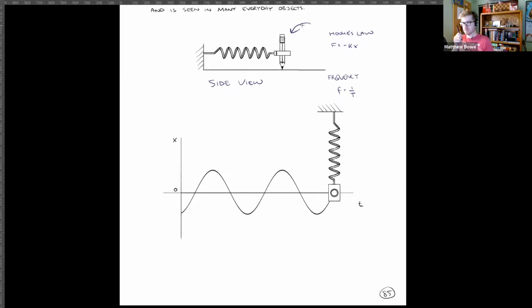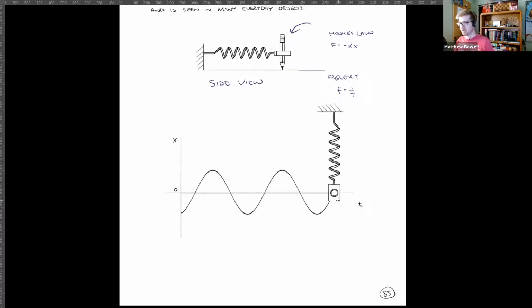It's going to oscillate back and forth. Let's say it's perfect, so it'll continue at the same rate forever. So it's just oscillating back and forth in the same position. But I'm going to drag a piece of paper underneath it. So this piece of paper will get this line drawn onto it.